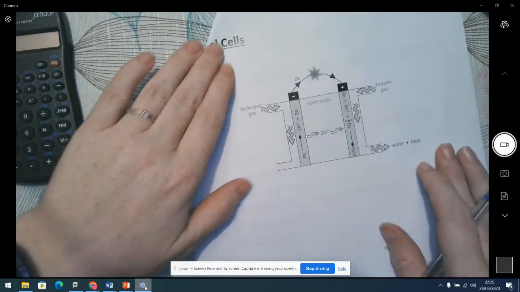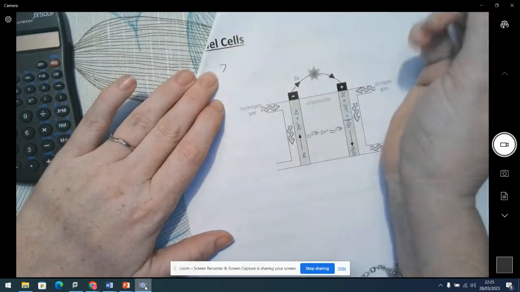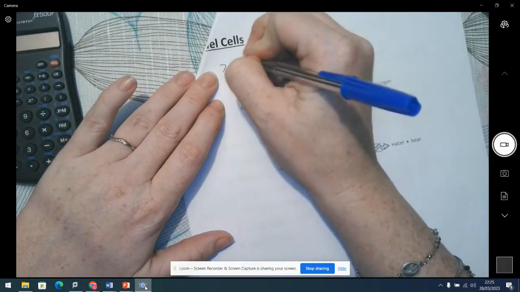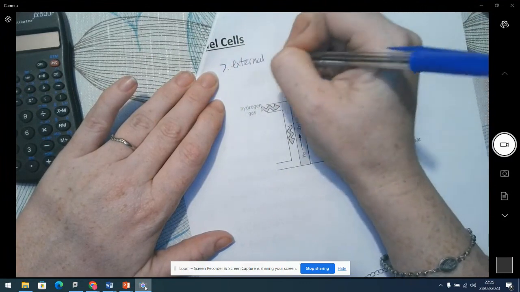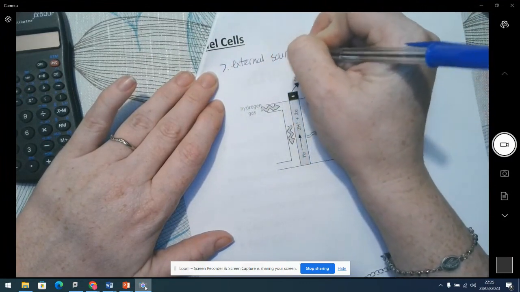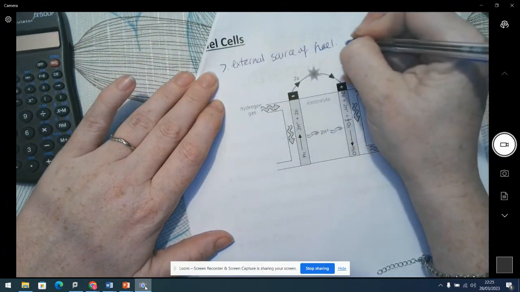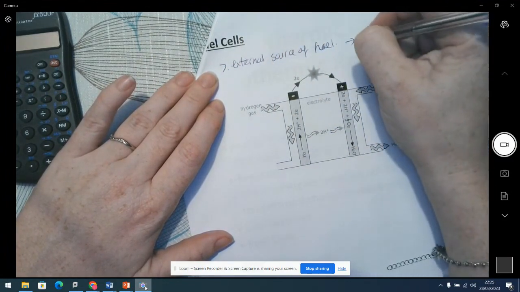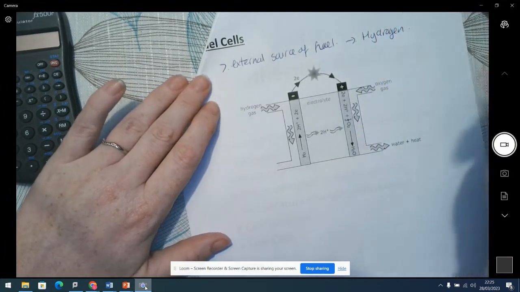So fuel cells are essentially what they say on the tin. These use a fuel of some kind. So there is an external source of fuel, and the example that we look at at GCSE is when we use hydrogen as our fuel source.